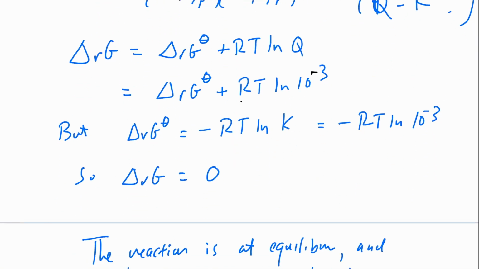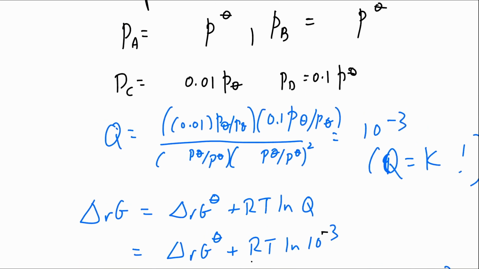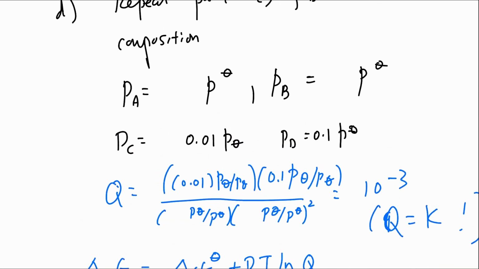And so when I go through it, my delta G of the reaction is equal to 0, because that's how we derive that delta G of the reaction at standard conditions is minus RT log K. So I prepared a mixture, and when I did it right and didn't get the wrong power here, I'm glad I saw that.